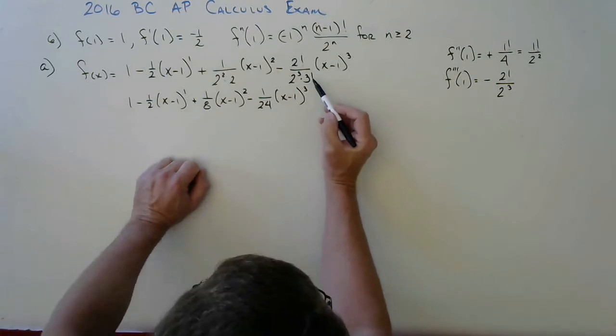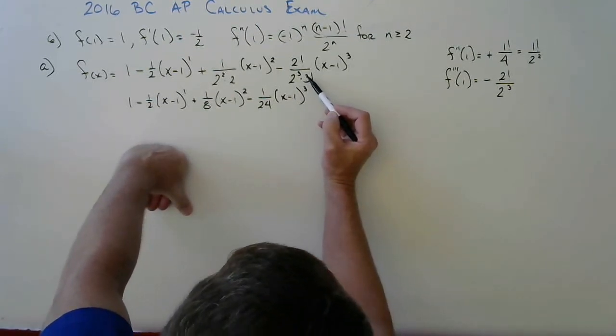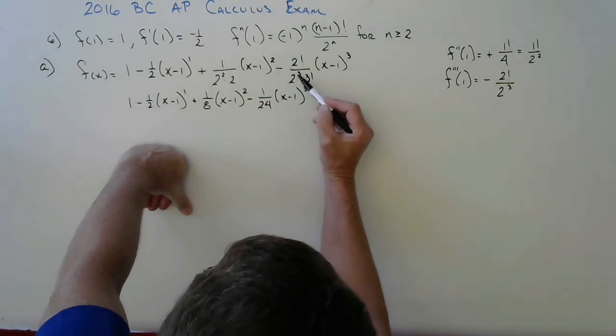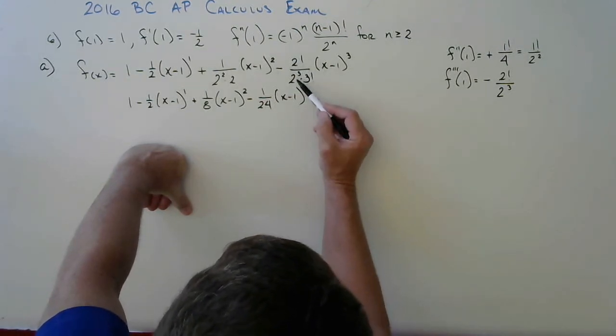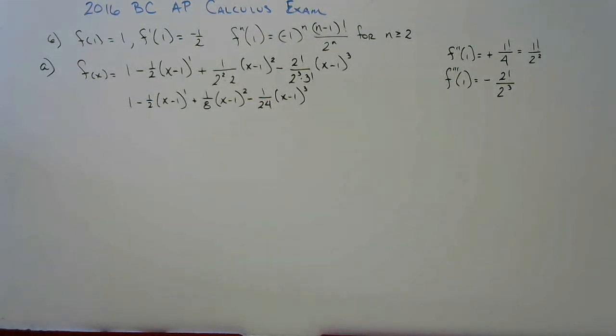Let's check that: 3 factorial is 6, that's 2 squared, because we got rid of the 2 up here, so 2 squared is 4, and 4 times 6 is 24.